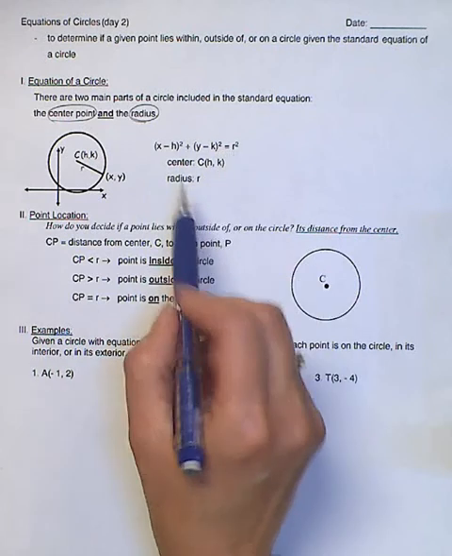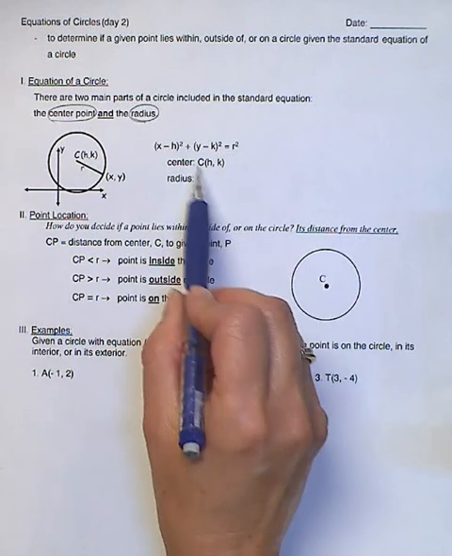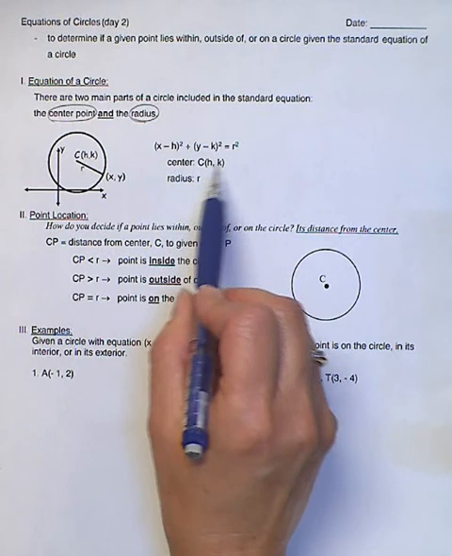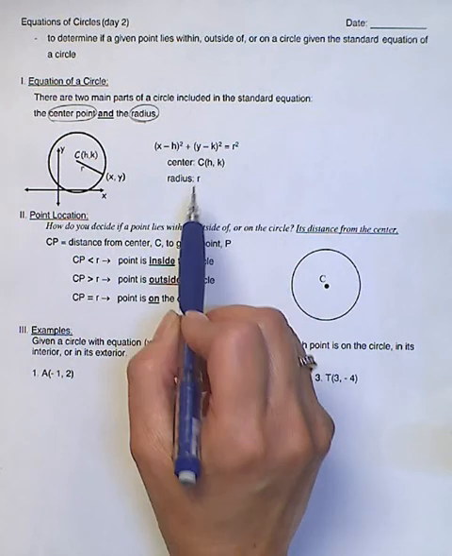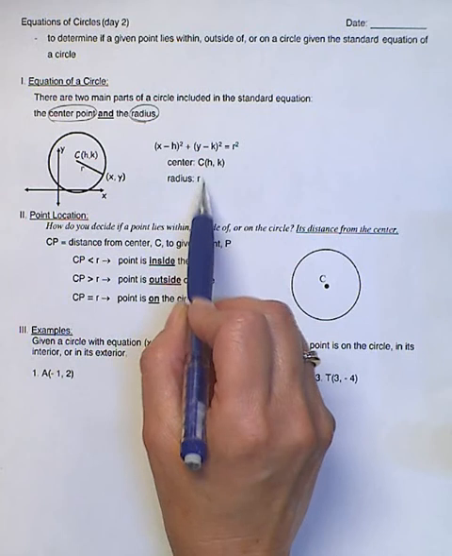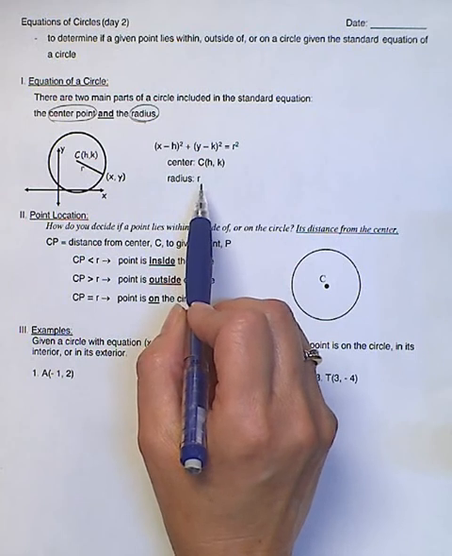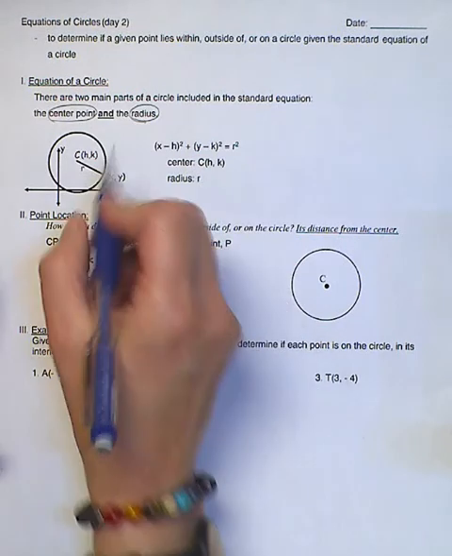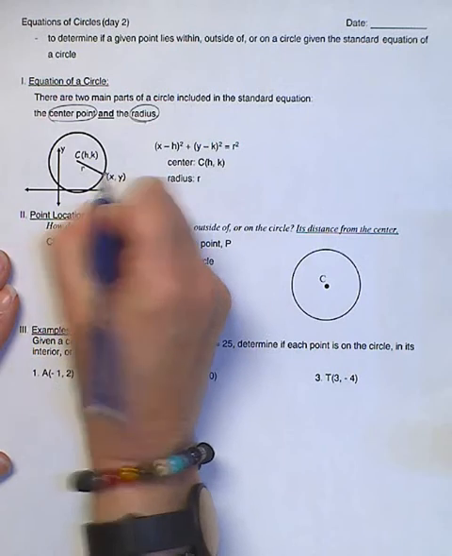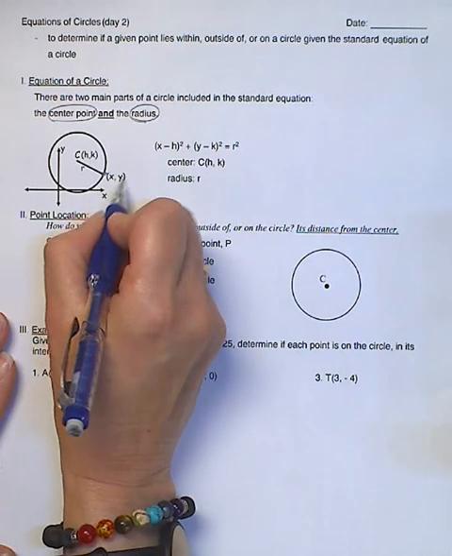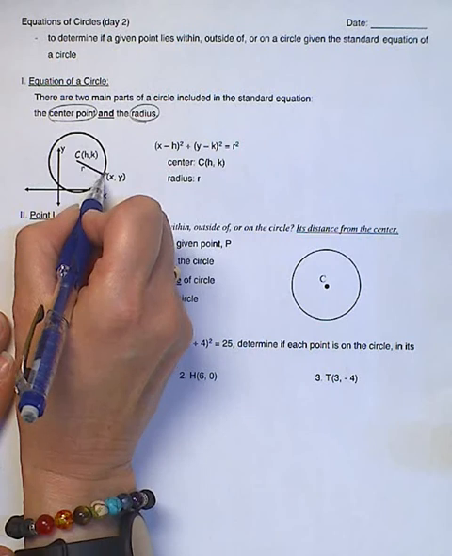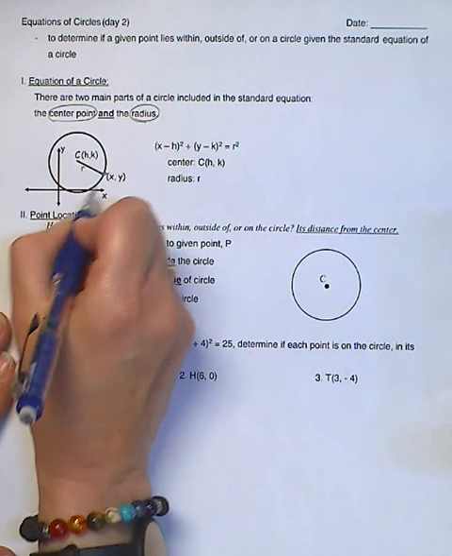Again, the center (h, k) is a constant that you will know, and the radius is a constant number that you will know. What changes is the point on the circle. Remember that the x and y are going to stay variables because it depends on where you land on the circle as to what that coordinate is.